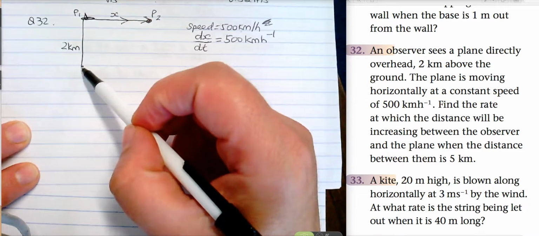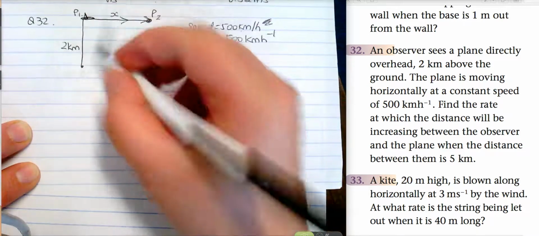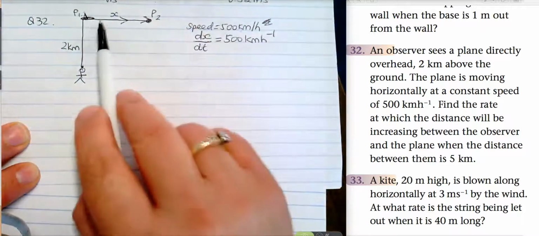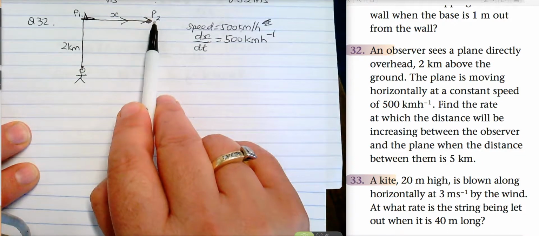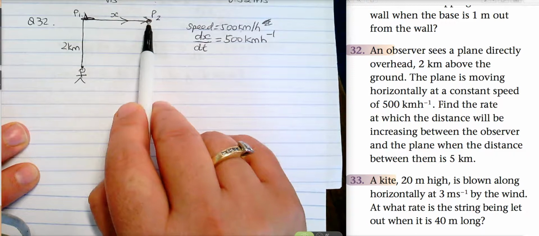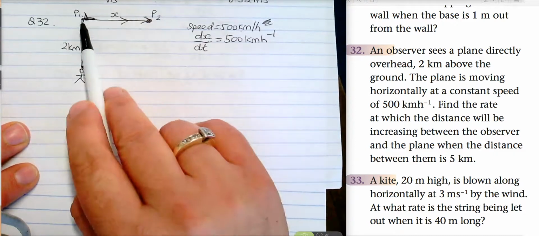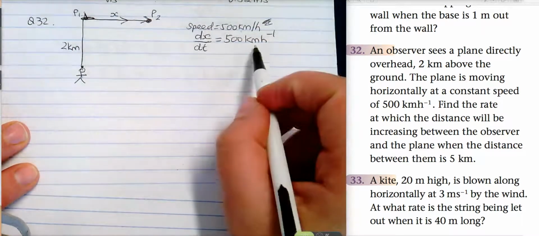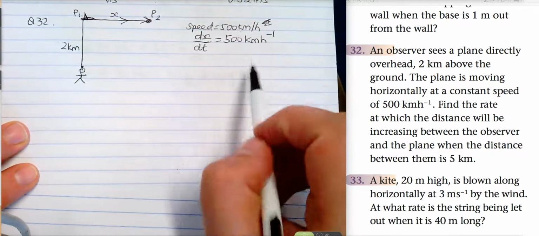So we've got this diagram here. When you look up, the person standing here looks up, the plane is directly 2 kilometres above. The plane is travelling at a speed of 500 kilometres an hour. I don't know what that distance is. I just know that the plane's going across there at a speed of 500 kilometres an hour. My units seem okay.